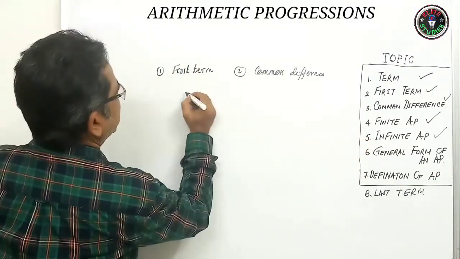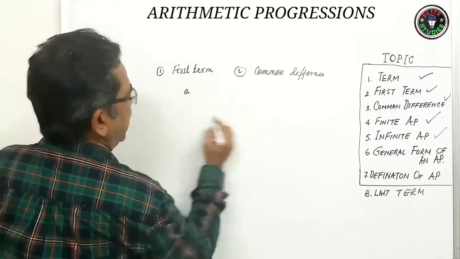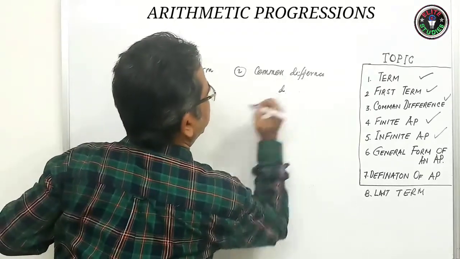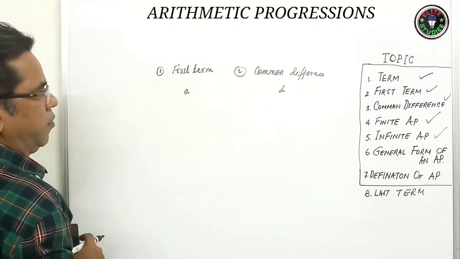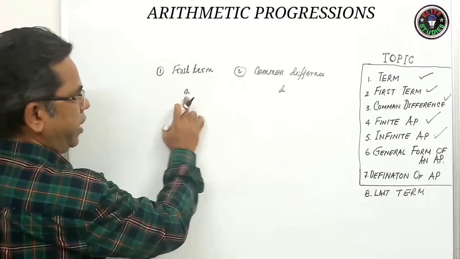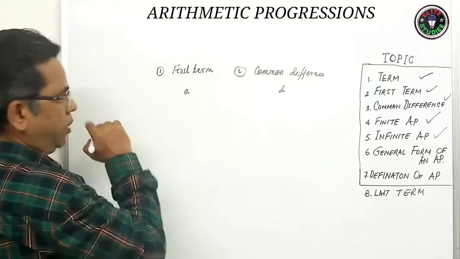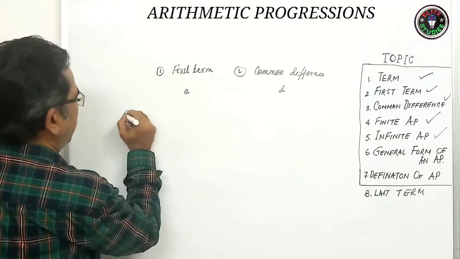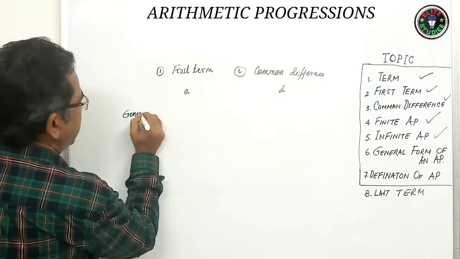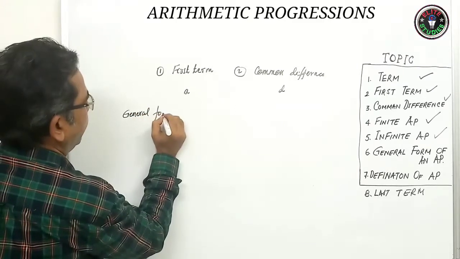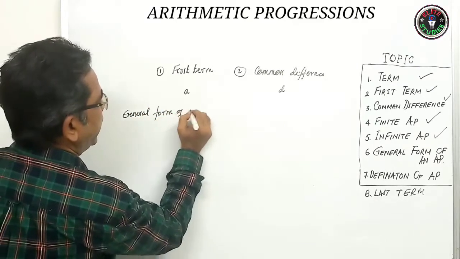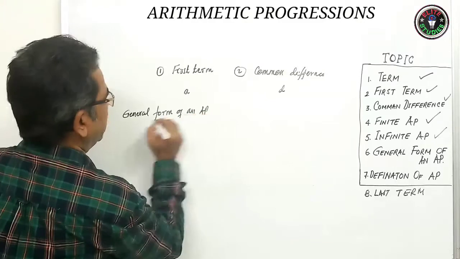The first term is represented by a and the common difference is represented by d. So, how to write the general form of an AP?